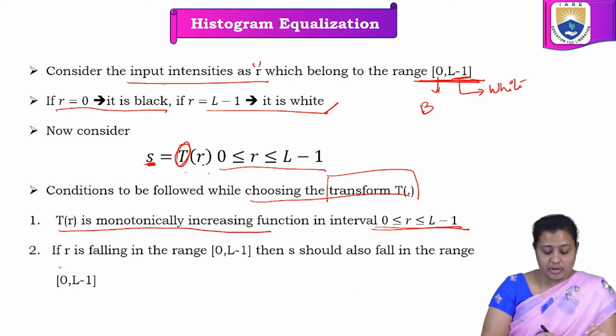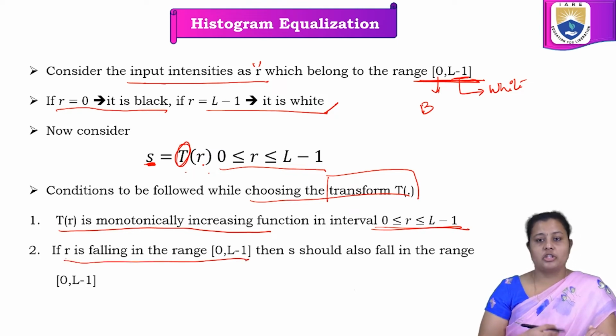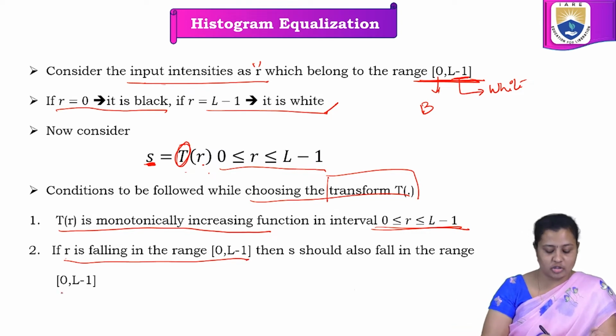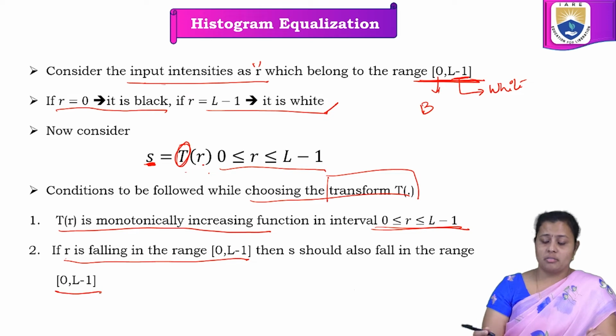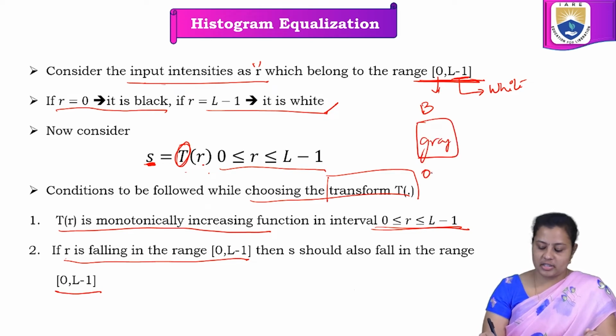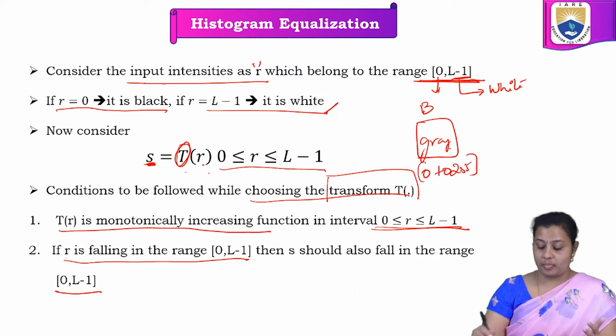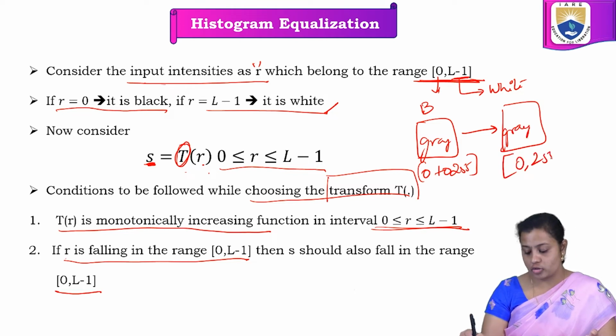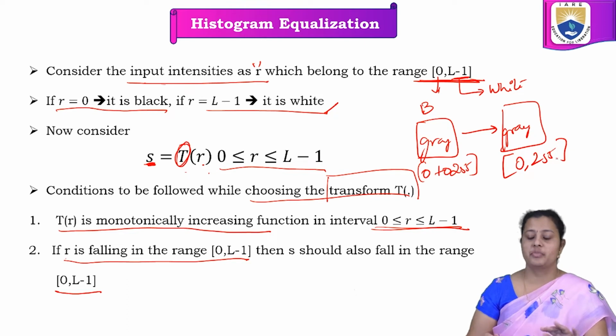And if R falls in the range between 0 and L minus 1, then S should also fall in the range 0 to L minus 1. That means if I have a gray image with intensity values from 0 to 255, after doing some operation, my output should also be a gray image, and all the intensity values should fall between 0 and 255.